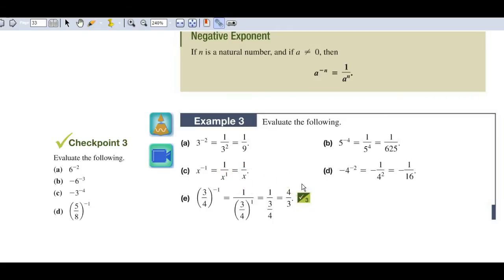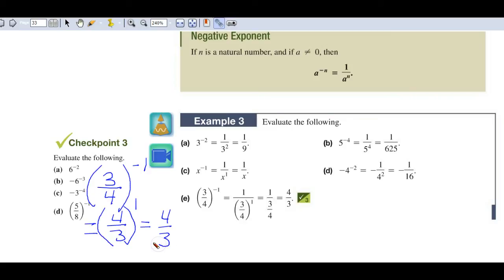Now, this next one is sort of interesting. I'm going to show you a little shortcut for it. When you have a fraction and it's to a negative exponent, all that is equal to is you take the reciprocal of this, which is 4 over 3, and that then becomes a positive exponent, which is just 4/3.